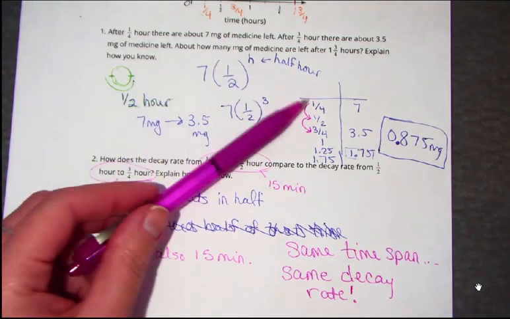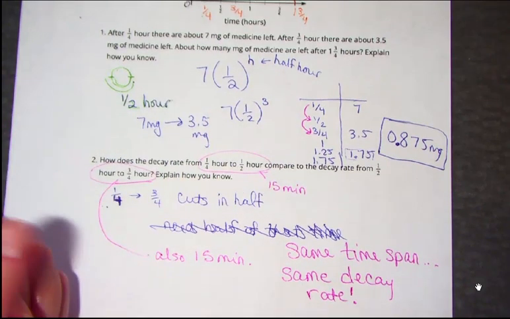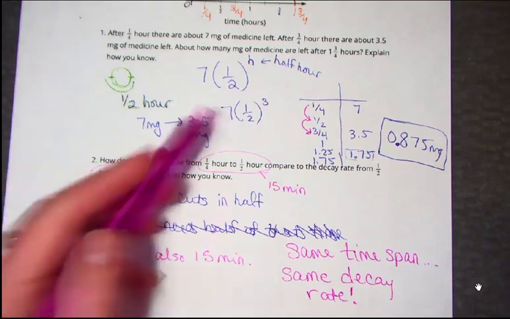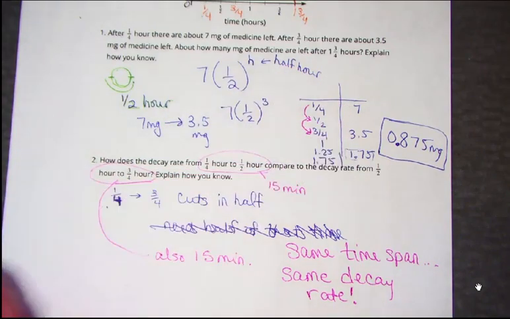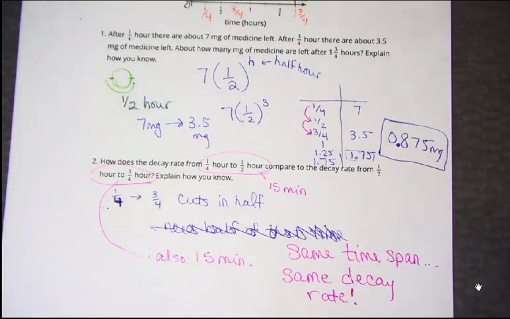Nice. And we could go back and fill in our table and figure all that kind of stuff out, but really it's just going to be a half of a half or a quarter each time cutting through there. So we'd be losing 75% every 15 minutes.